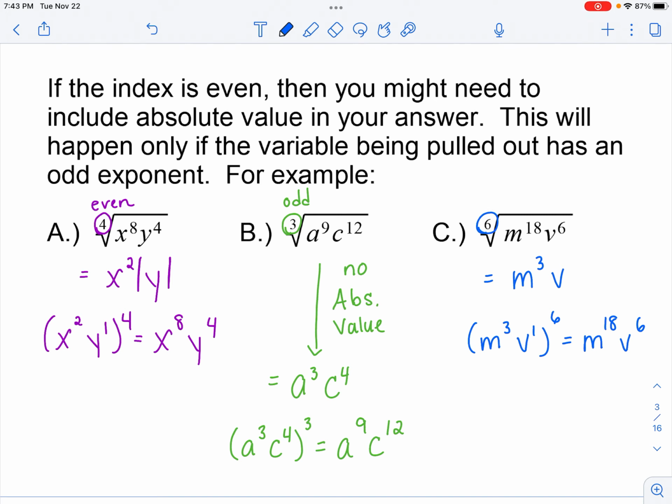Now, this was an even index, so there's a possibility that I need absolute value. In this case, I need absolute value on the whole thing because both variables had odd exponents. We'll talk more about the absolute value in class, but it's something that we'll pull back in multiple times throughout the next few lessons.